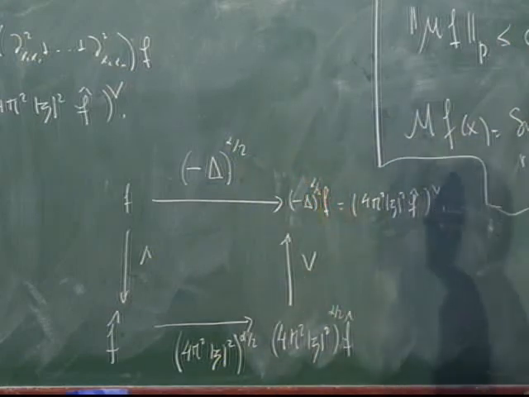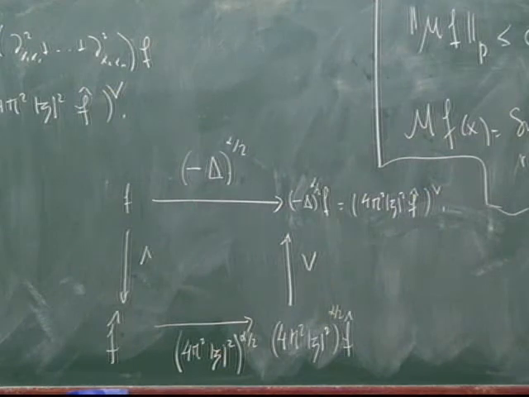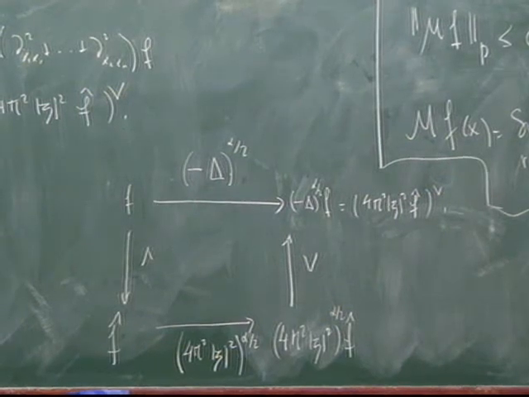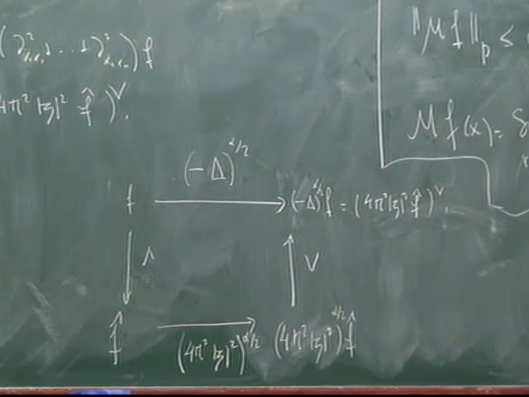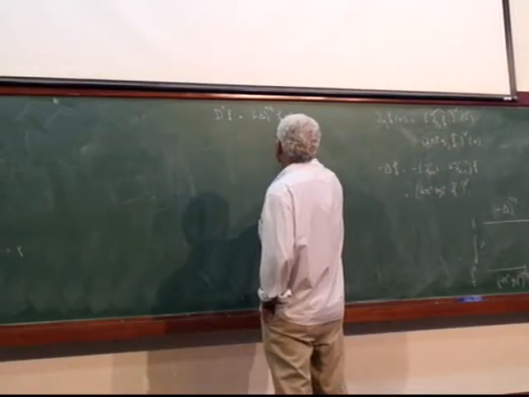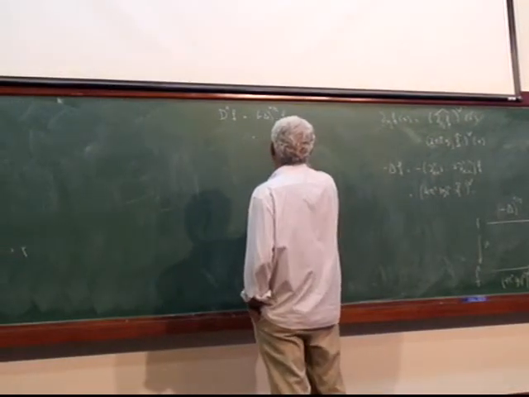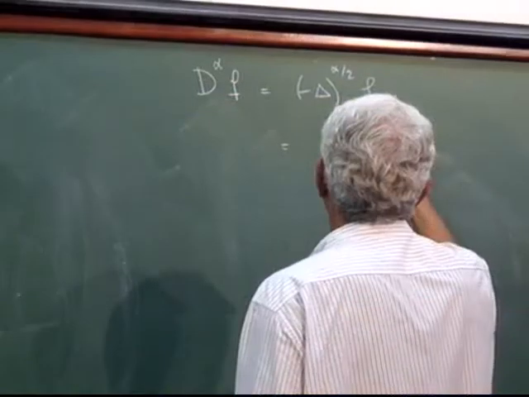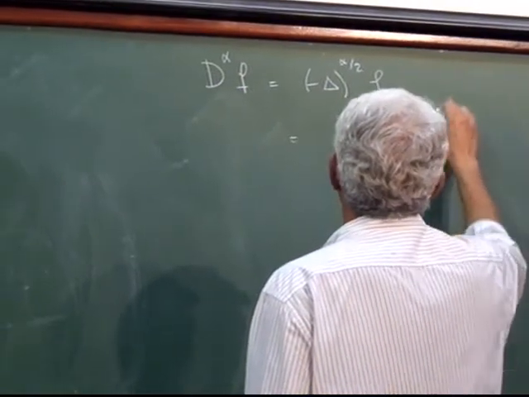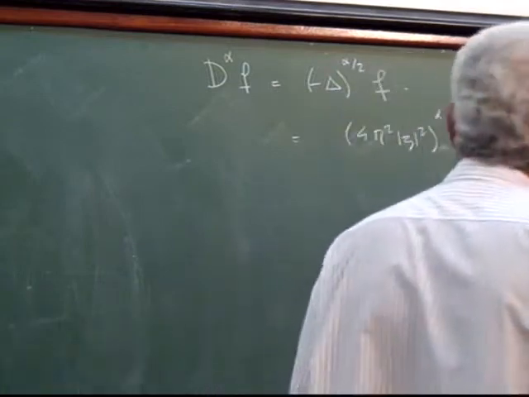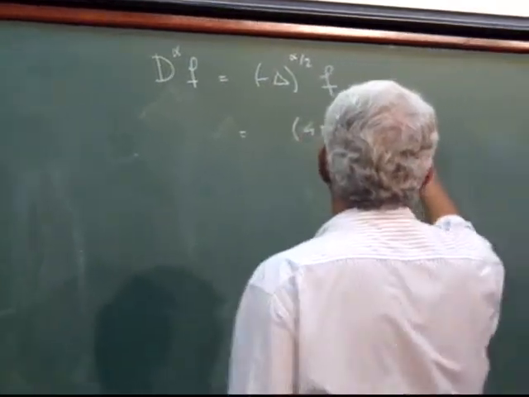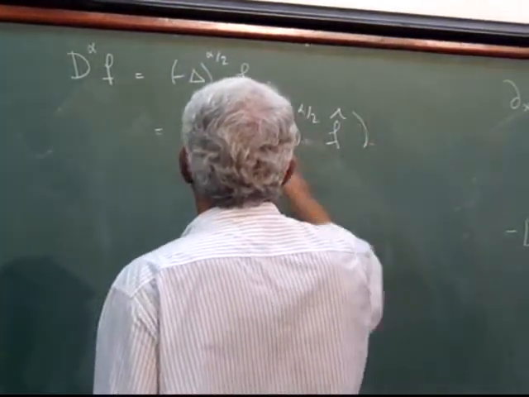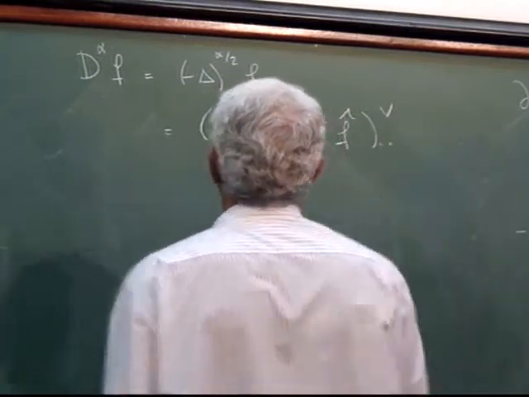Then we can define derivatives of order alpha of f as minus Laplacian to the alpha over 2 of f, that is equal to the inverse Fourier transform of (4 pi squared |xi| squared) to the alpha over 2 times f hat.